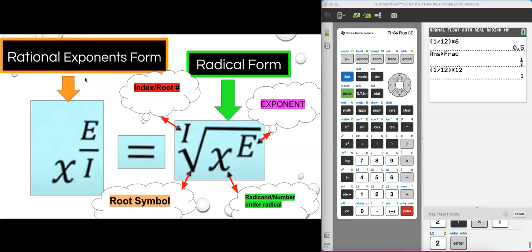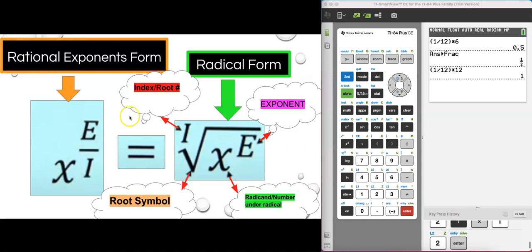So we know what a rational exponent is, and we know what radicals are. Today, we're going to take for granted that these two forms can be equal to each other, so I can switch between the forms, because they're connected together. First, we have the rational exponent form, where you have a base number that's raised to a fractional exponent.